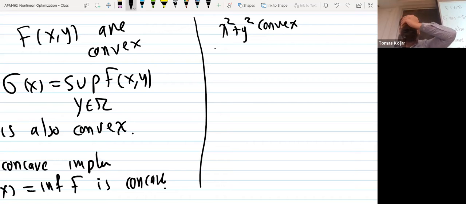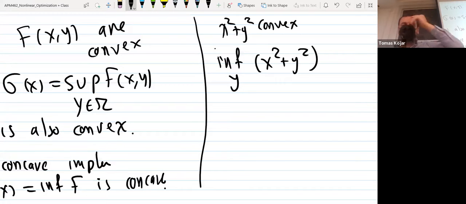Now take the infimum in y. I mean, this turns out to be x squared. I want it to be non-convex. Maybe put a minus.